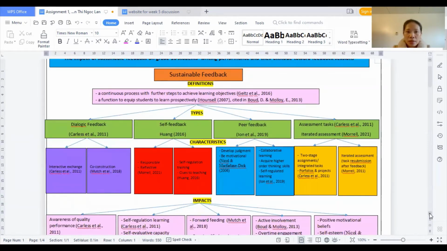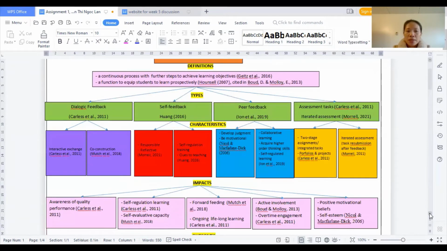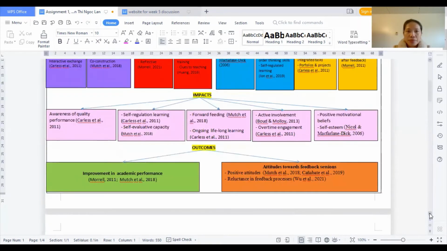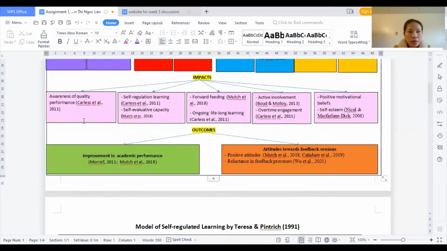And such sustainable feedback can give a lot of positive impacts according to some previous research. For example, according to Carless et al. 2011 and Nash et al. 2018, students can know what good performance is so that they can evaluate their own performance and adjust their learning strategies to improve their performance later.